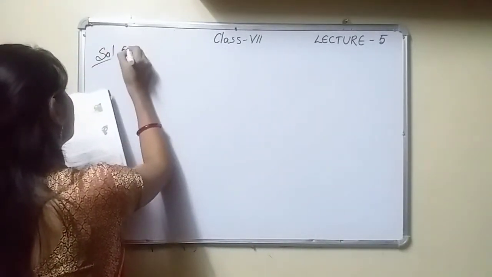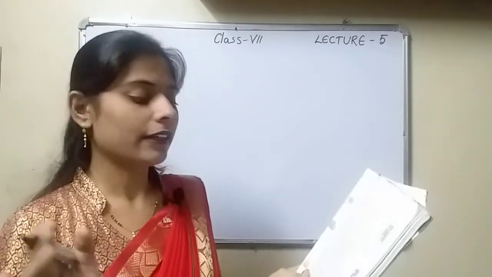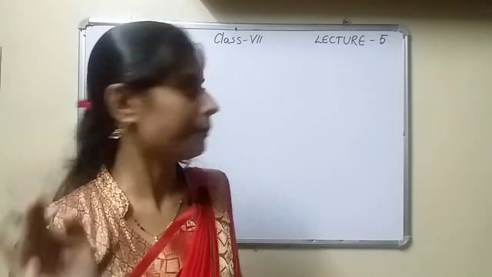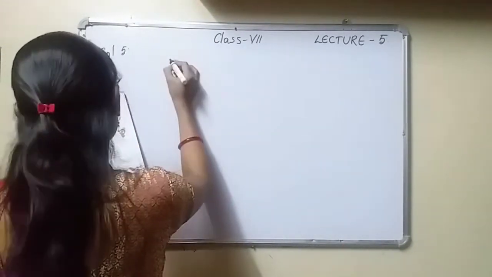Solution number 5. After buying a book, he has bought one book. After that, only 5 rupees is left with him. Now see what you have to do. How much rupees is left with him?